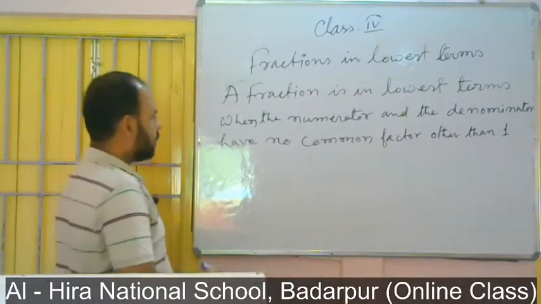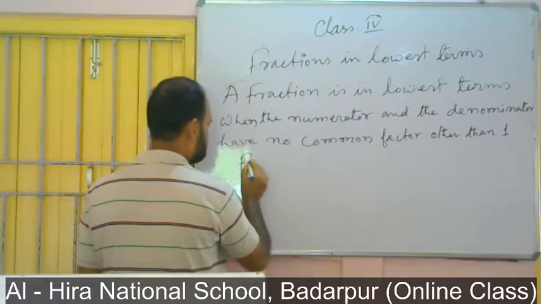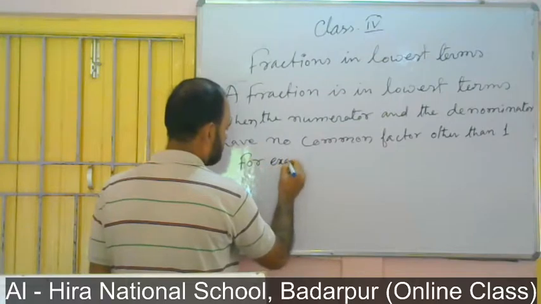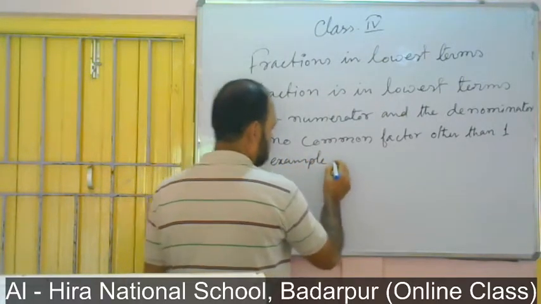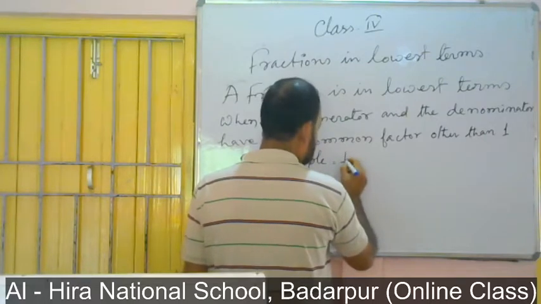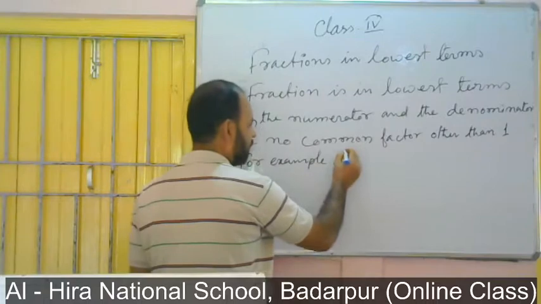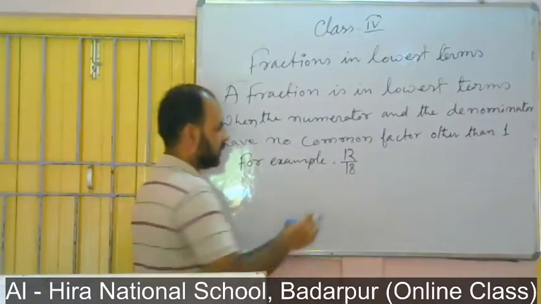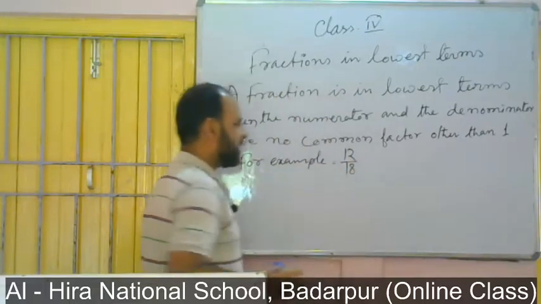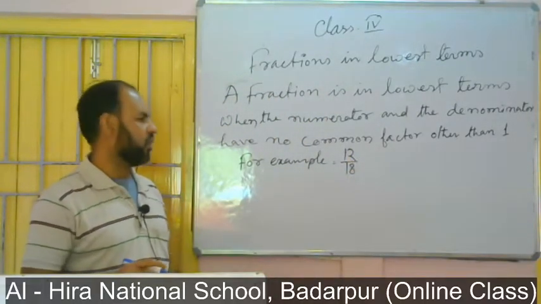So, for example, 12 by 18. We check whether 12 by 18 is in lowest terms or not.